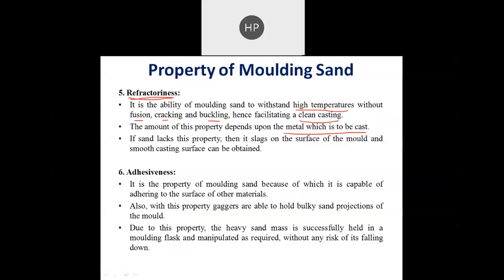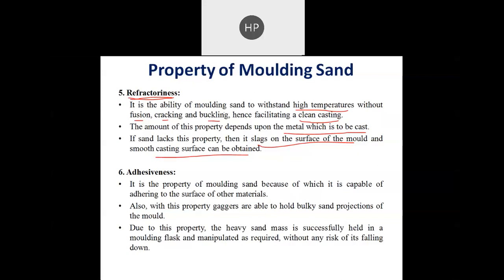And if the sand lacks this property, then it slacks on the surface of the mold and a smooth casting surface cannot be obtained. So this is how refractoriness is an important property of the molding sand.